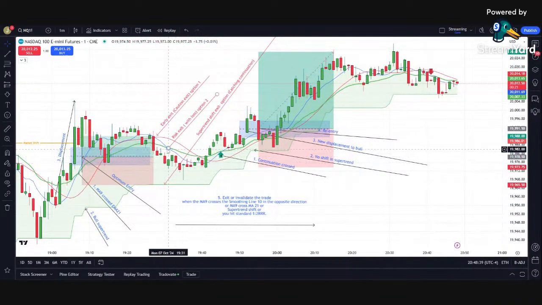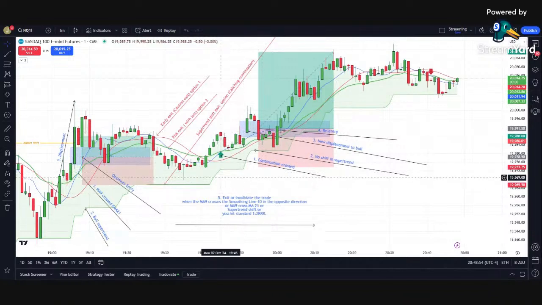MA 9 crosses the EMA 21 and then crosses back, and we have a signal. What makes this a continuation trade? The Supertrend didn't shift to bearish, it keeps supporting the bull momentum, and this tells you that this is a continuation and it's a bull run.